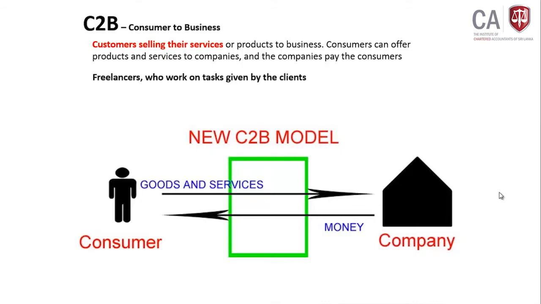The cleaning people will be contacted directly and they will provide the services. Then there is consumer to business involvement: the consumer provides the goods and services, and the company will give money.